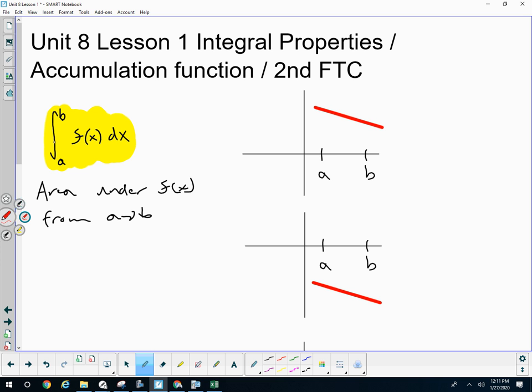And what's really important, and we'll talk about it in this first page of notes, is this a and b, the order matters. When I'm above the x-axis from a to b, I say the area was positive. When I'm below the x-axis from a to b, I said the area was negative.